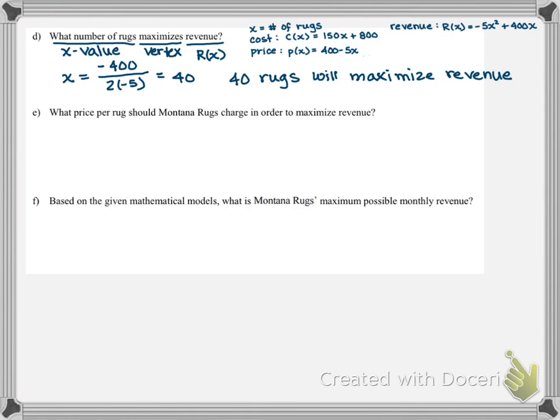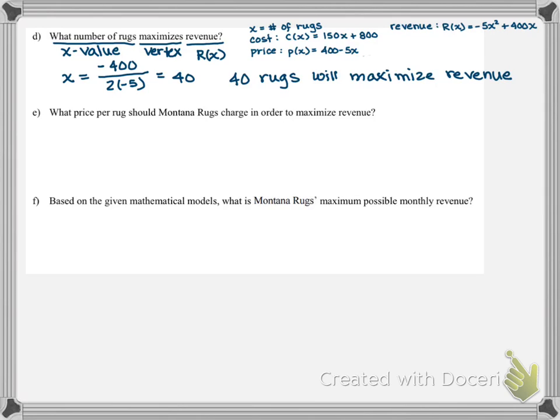If I want to know what price to charge in order to maximize revenue, I would use X equals 40. So this X equals 40 is going to be the quantity that maximizes revenue, and I can use that quantity in any of the functions because all of them use an input of quantity, right? So I can figure out any of these values corresponding to a maximum revenue.